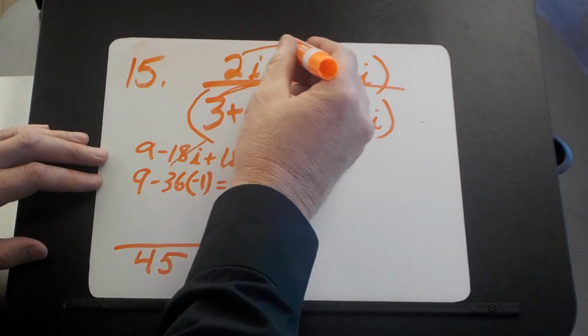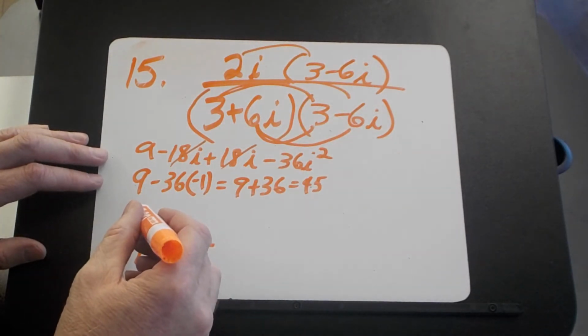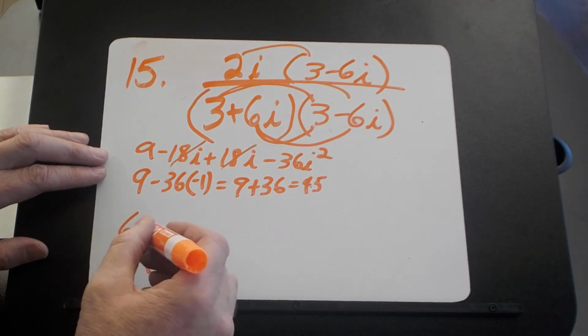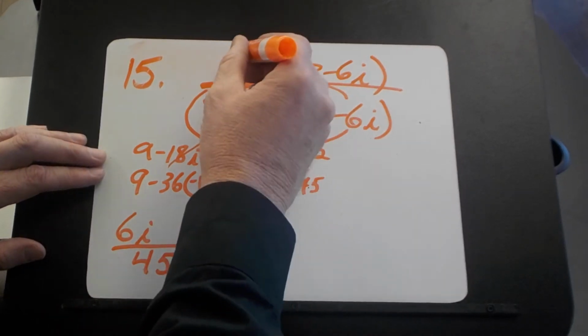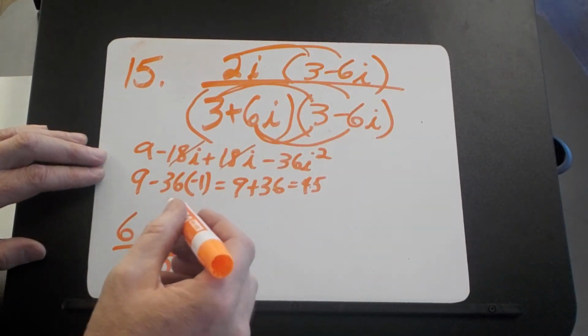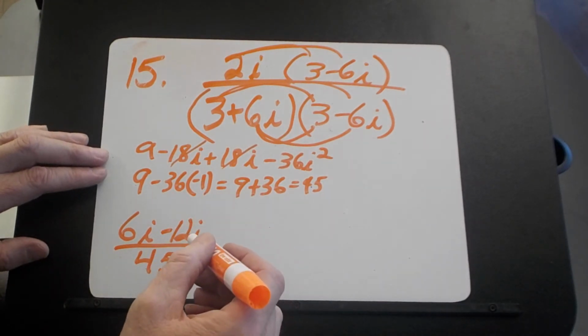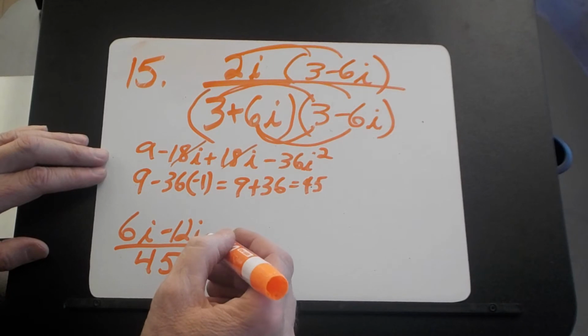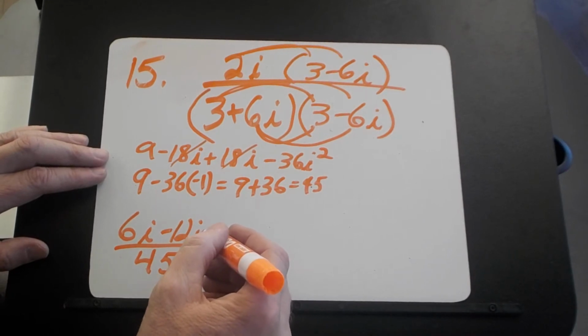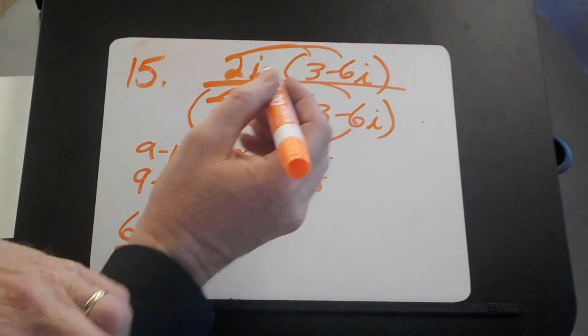My numerator I get by the distributive property, and I've got 2i times 3 is 6i. 2i times negative 6i is negative 12i squared, be careful there.